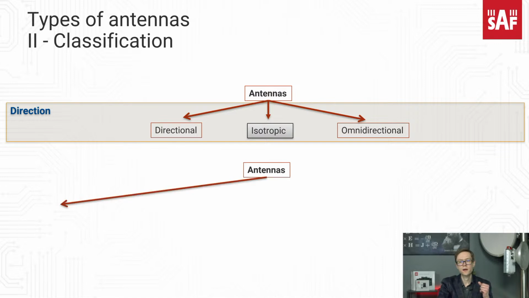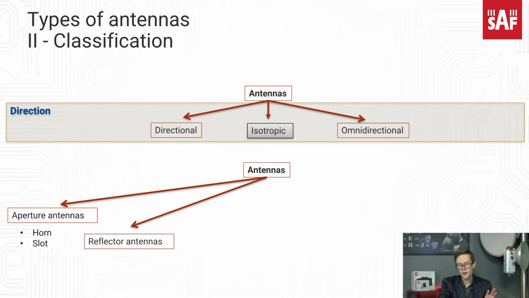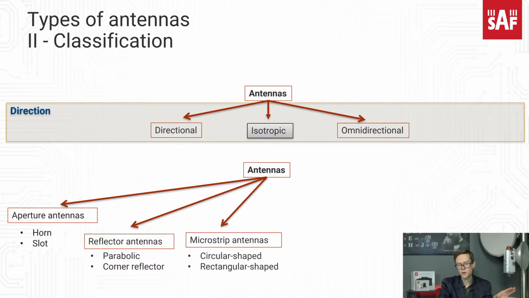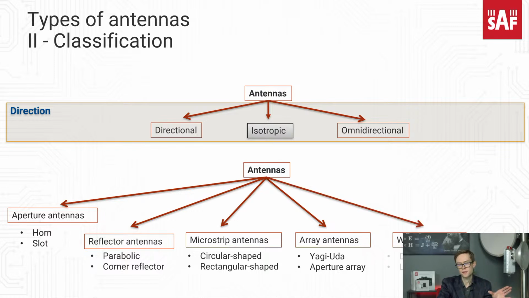The other way of classifying them is to divide them into aperture antennas, such as horn and slot antennas, reflector antennas, for example, parabolic or corner reflector, microstrip antennas, such as circular shaped, rectangular shapes, so different shapes of microstrip antennas, the array antennas consisting of multiple elements, like Yagi-Uda and aperture array antennas, and the wire antennas, such as dipole, monopole, or loop antennas, which have been the first types of antennas invented.